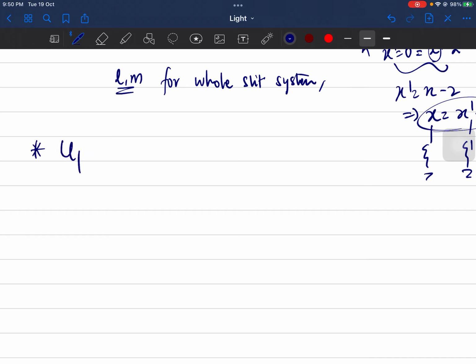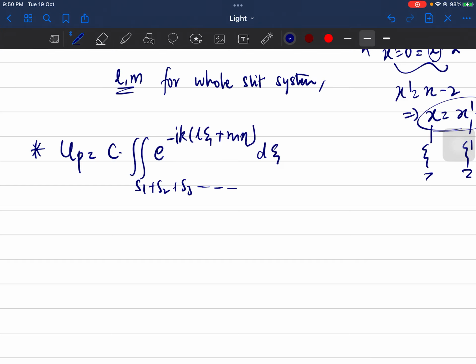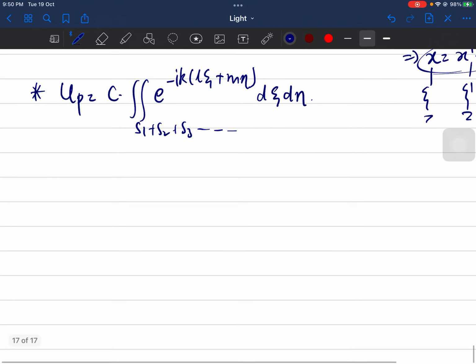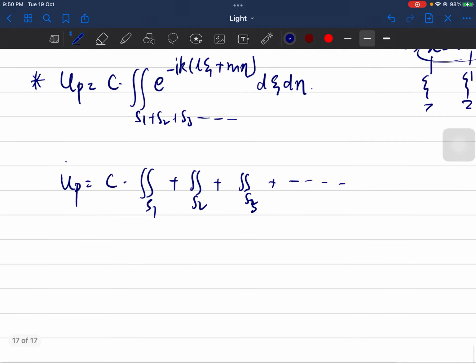That is to say, UP is equal to C times S1 plus S2 plus S3 and so on. It doesn't really matter, right? That is to say, UP is equal to C times integral S1 plus integral S2 plus integral S3 and so on.